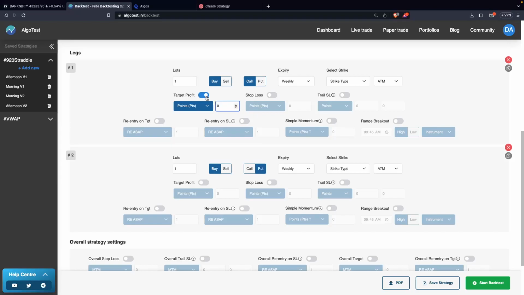You can see here, you have the option to set the target and the stop loss. You can also trail your stop loss.